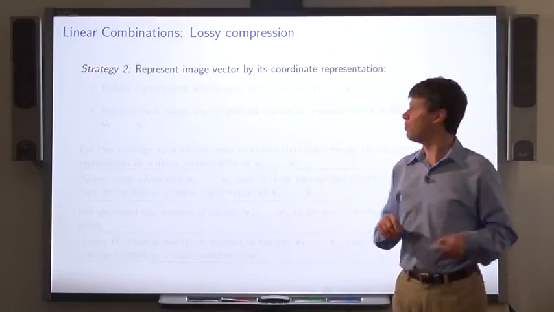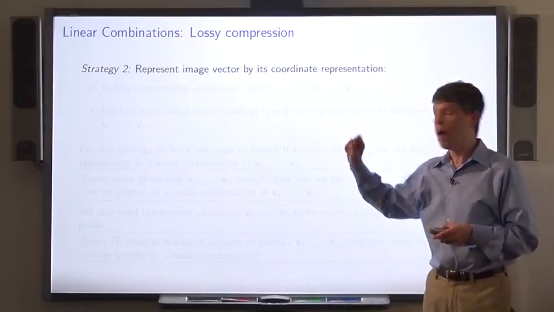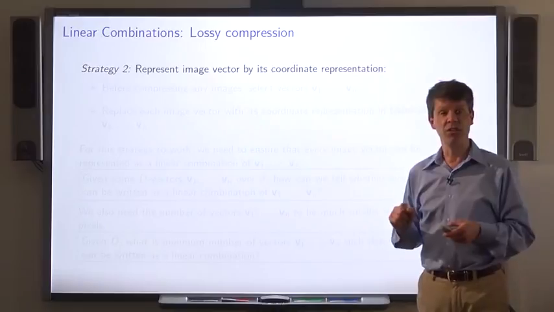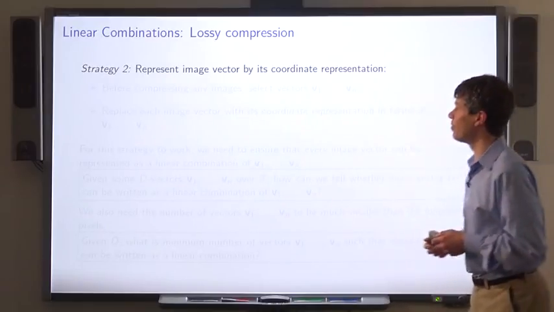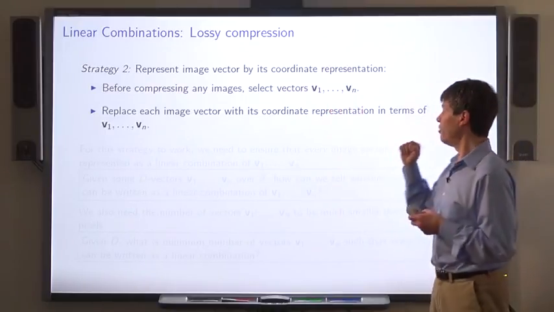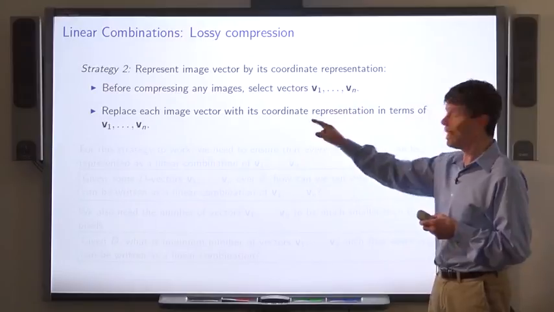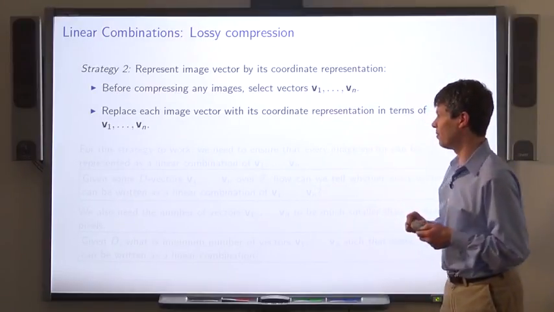Here's another idea. We represent an image vector by its coordinate representation with respect to some set of generators. So we select a set of generators, say v1 through vn, and we replace each image vector with its coordinate representation.